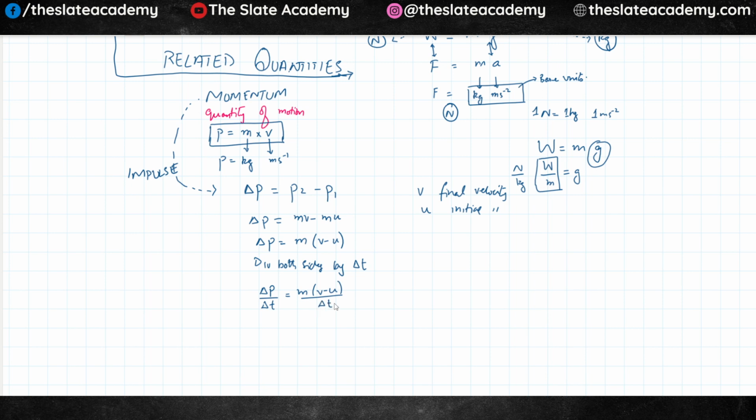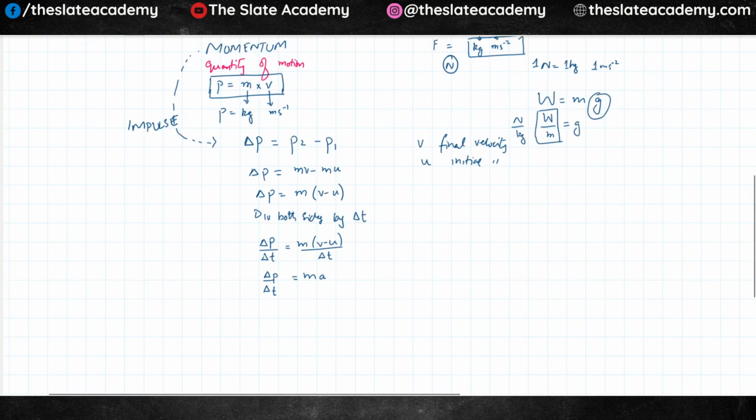And v minus u by delta t is equal to acceleration. So I get mass times acceleration is equal to delta p by delta t. And we just learned that mass times acceleration is force. So force is equal to delta p by delta t.